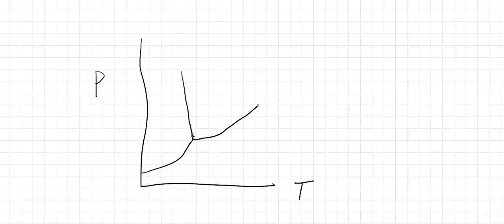You might already know, just by looking at that much of it, which substance I'm talking about. This is a substance where the slope here is negative. So if I increase the pressure on this solid at constant temperature, I can melt it. All right, so you probably guessed this is water. Water is not the only substance that does this, but it's one of the only common ones that does this.